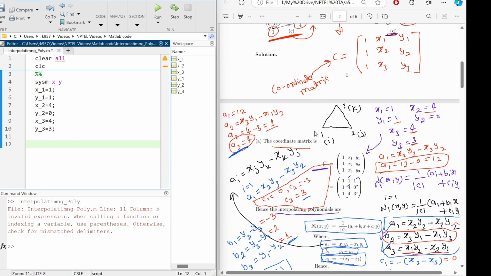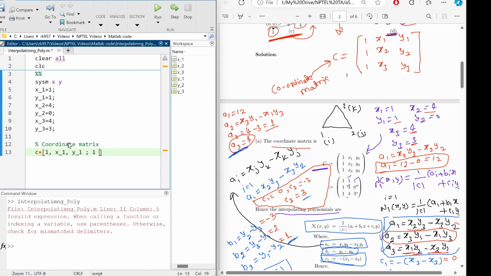So now we are going to write our coordinate matrix. Okay, so we have C equal to, this is a matrix of 3 by 3. So we have 1 comma x1 comma y1. Comma means for row. Then we go for the second row, so semicolon.